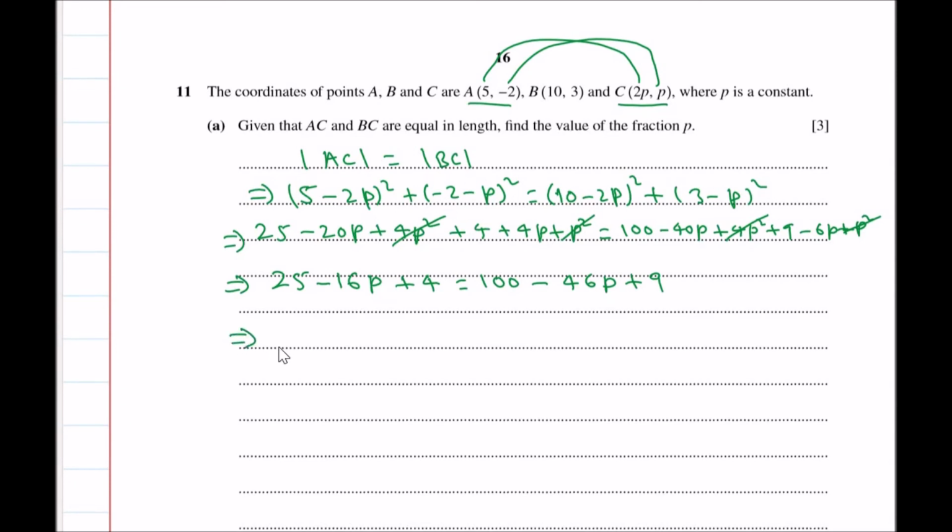Now bring p terms or like terms together. So 46p minus 16p is equal to 109 minus 29. This is giving us 30p equal to 80. So p equal to 8 by 3.